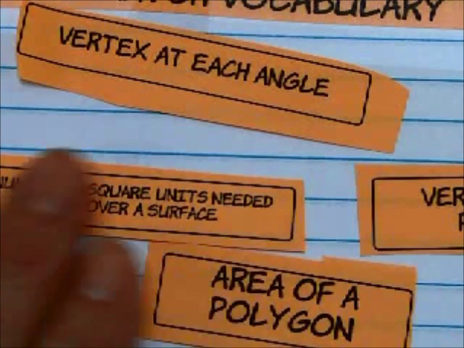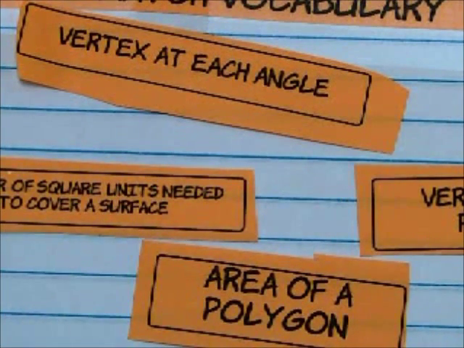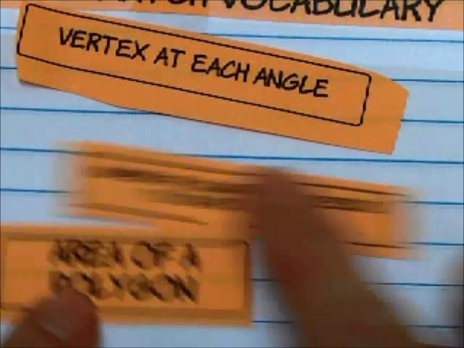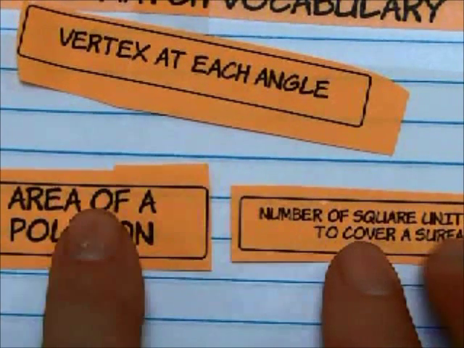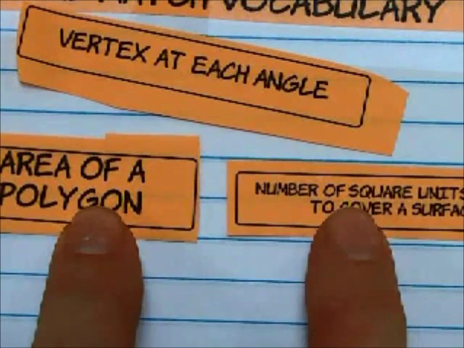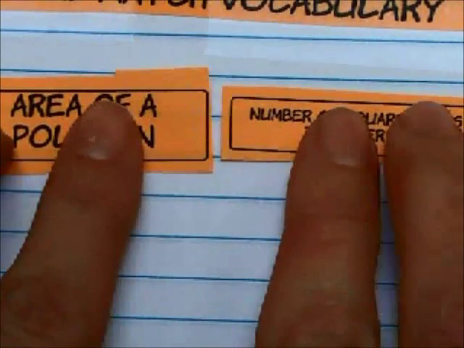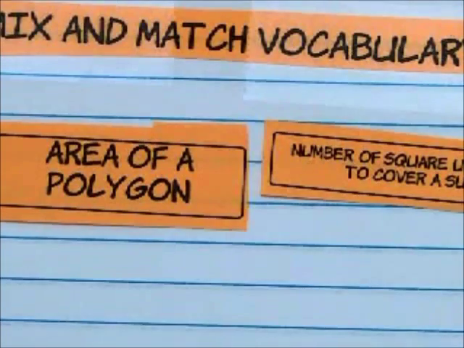So now I've got all my little pieces of paper, and I didn't finish cutting them, but you get the idea. So now once we find a word or a term and we find its definition, then all I want you to do is just tape them down next to each other, all the way down this piece of paper. So let me zoom in on this a little bit.